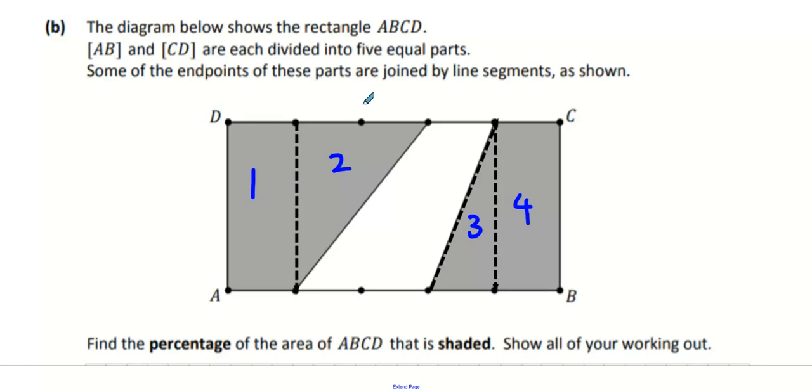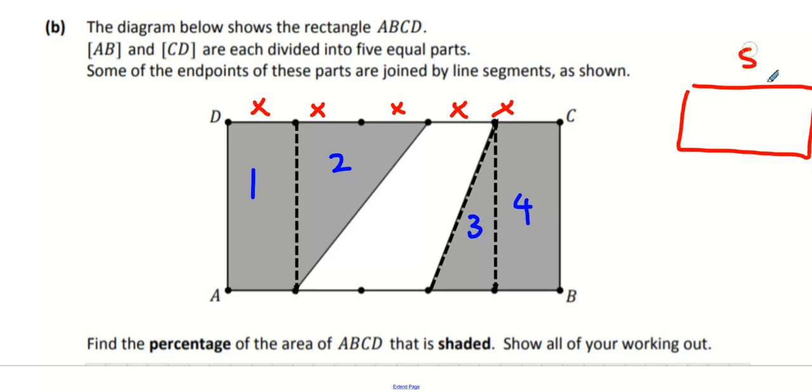It's all the same. So if I was to make up letters, I'd call the length 5x, because I'll just go x, x, x, x, x. So the length is 5x, which is no big deal. The width can be y. So therefore the area of the full rectangle is 5xy.